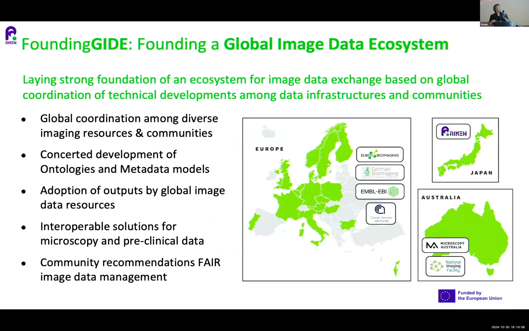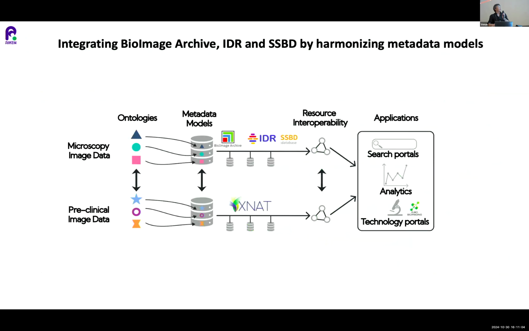Basically Bioimaging, Japan and Australia are working together to make this happen. The basic idea is to make those three image databases communicate with metadata in between, making them searchable and interoperable. Hopefully we can also make some connection with preclinical data.